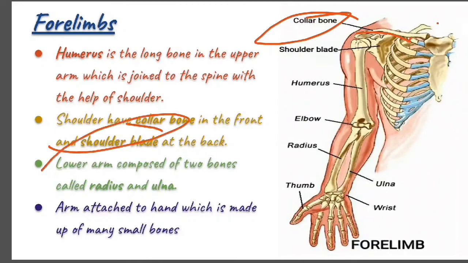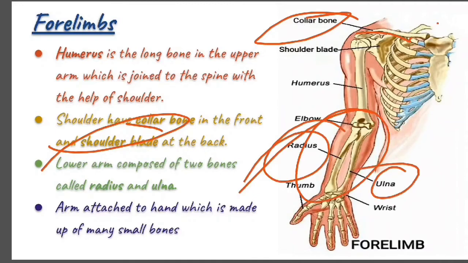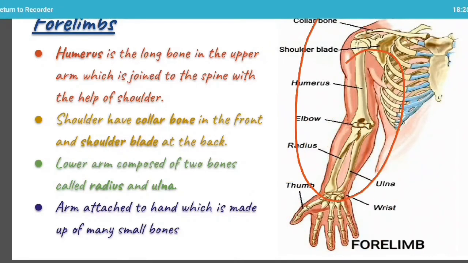I have told you the lower arm has two bones, radius and ulna, and the arm is attached to the hands, which are made up of many bones.